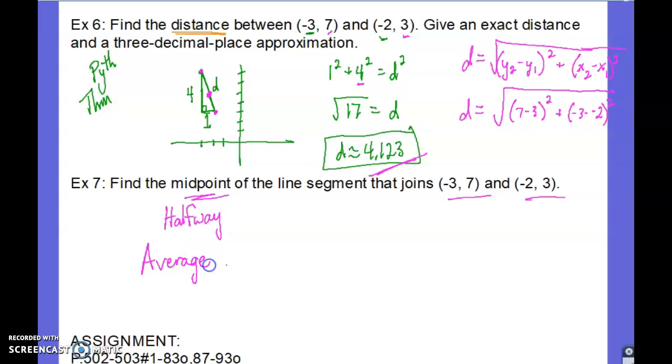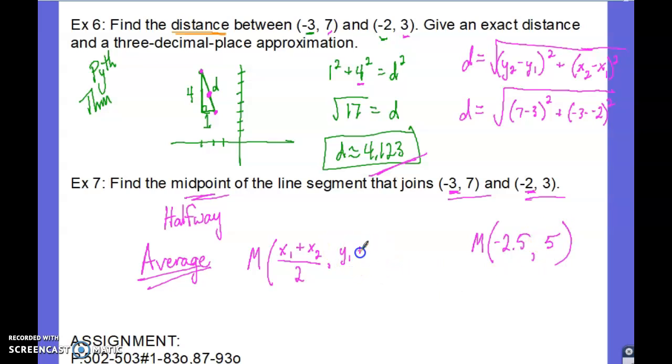And I hope when you hear that, it makes sense that the midpoint formula is that you do the statistical average of the two things. The mean, you add the numbers and you divide by 2. We want halfway between -3 and -2, which is, I hope all of you would agree, -2.5. And halfway between 7 and 3, I hope you would all agree, is 5.